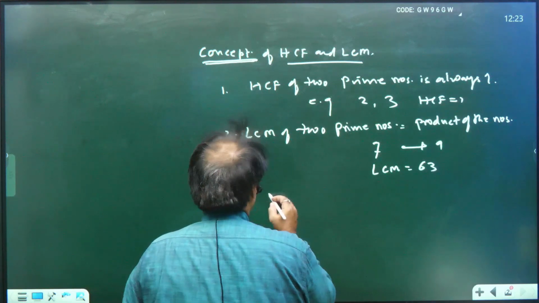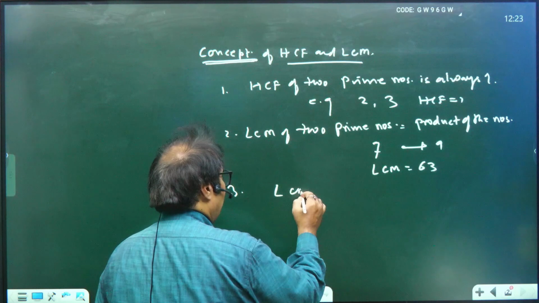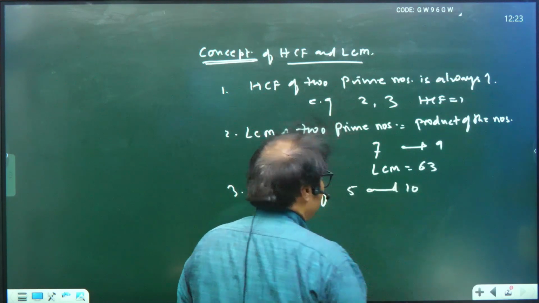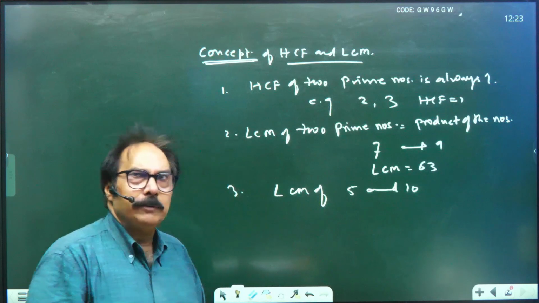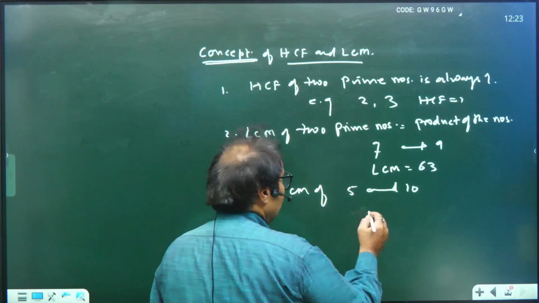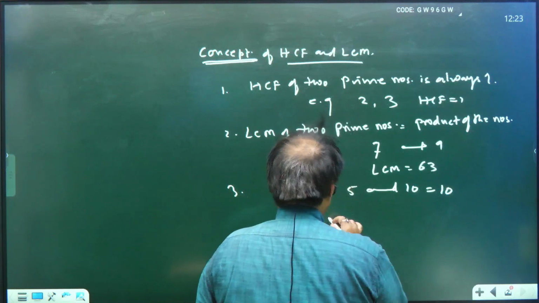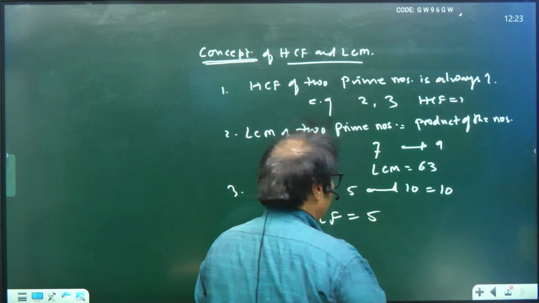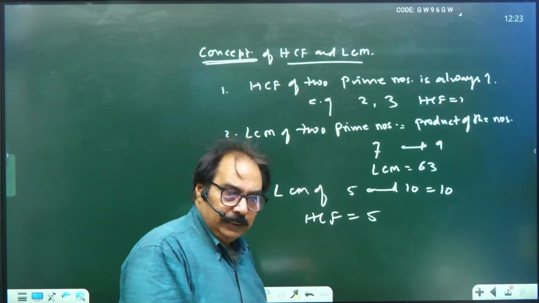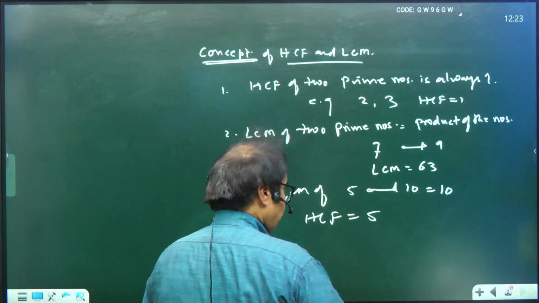For example, to find the LCM of 5 and 10, 10 is exactly divisible by 5, so the LCM of 5 and 10 will be 10 and the HCF will be 5, right? On the basis of this concept, now we will start the exercise.